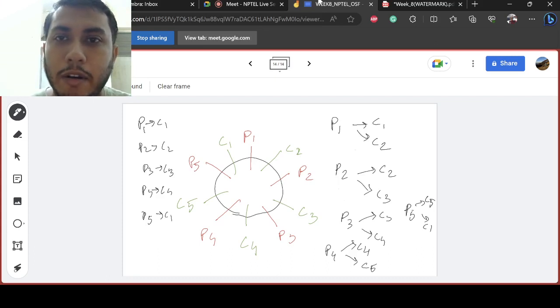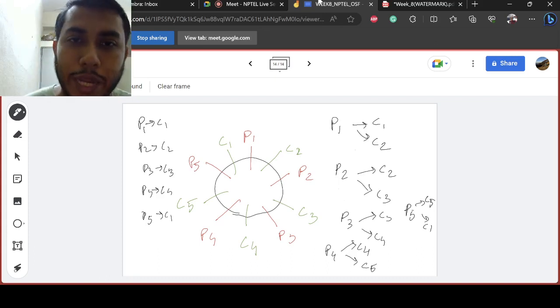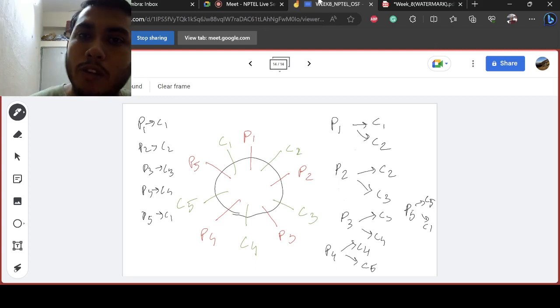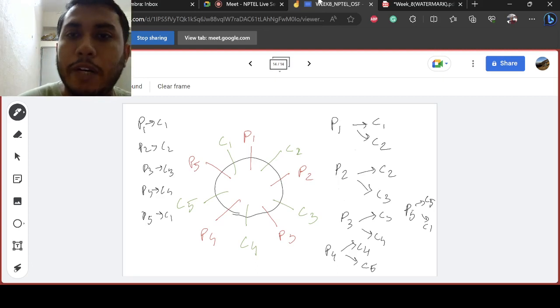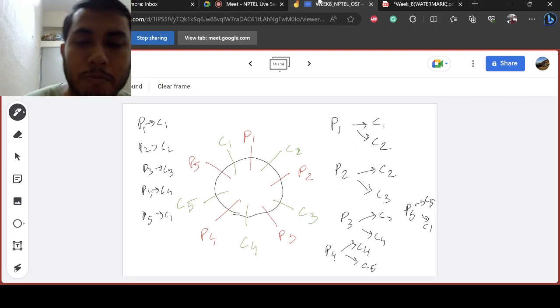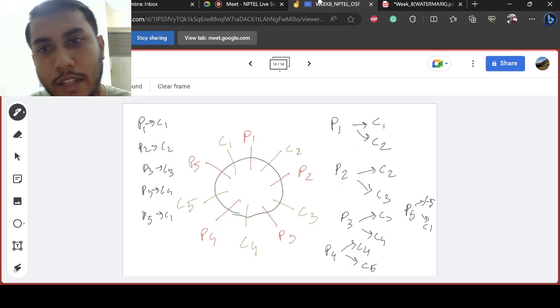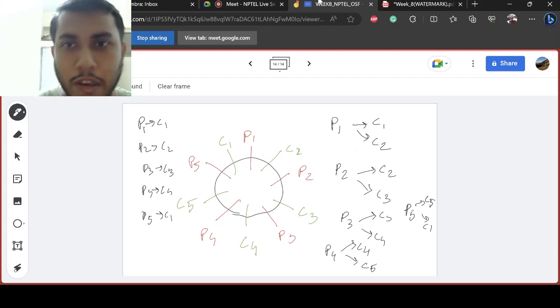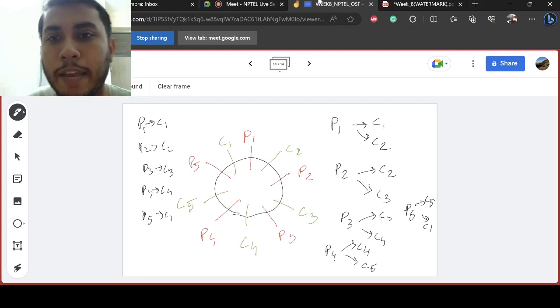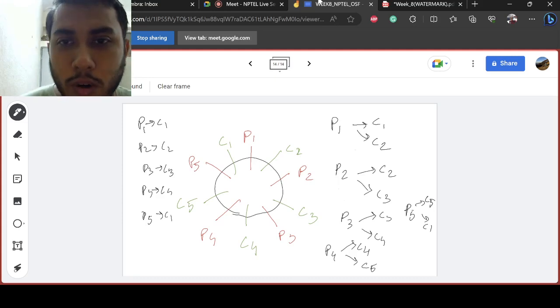But all of them require one more resource to enter, and all of those resources are currently held by other processes. So P1 requires C2, but P2 is currently holding C2. P2 requires C3, but it is currently held by P3. So all of them are holding on to their own resource.